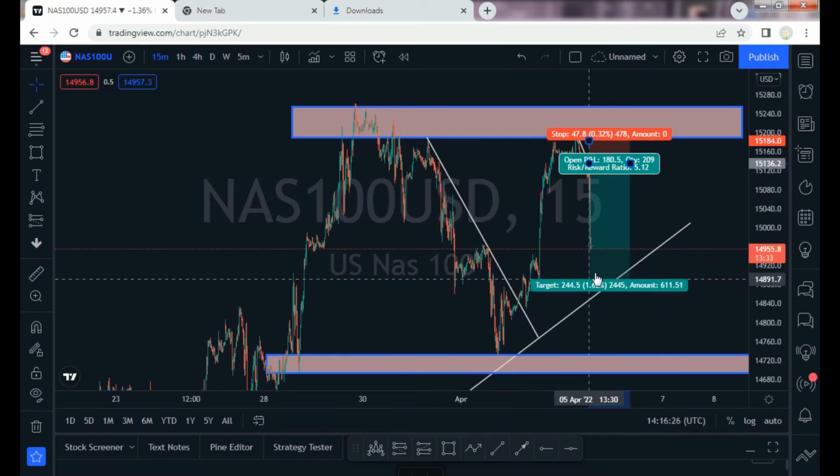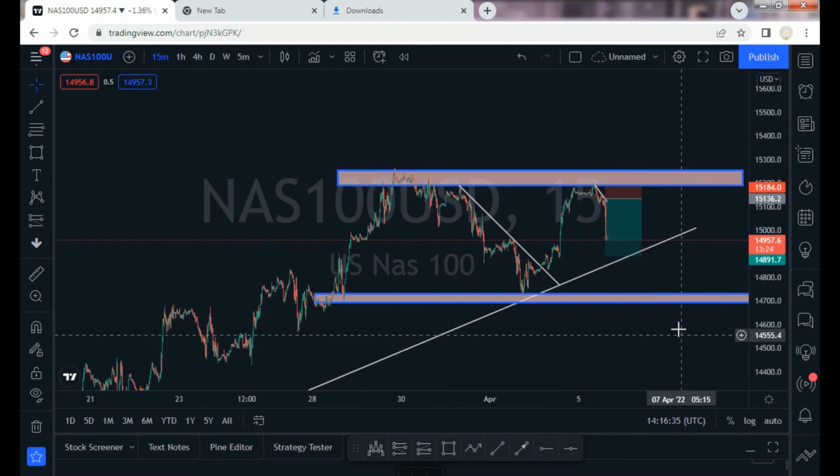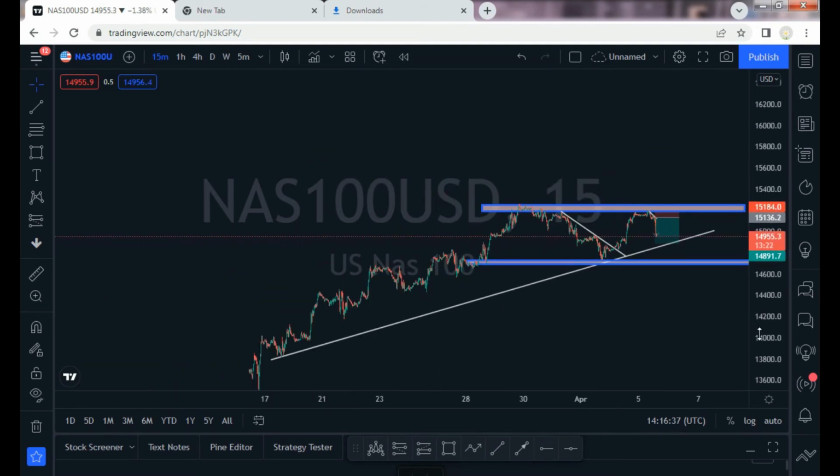This is my nearest or previous support. Okay, so this is how I got into this beautiful trade, guys.